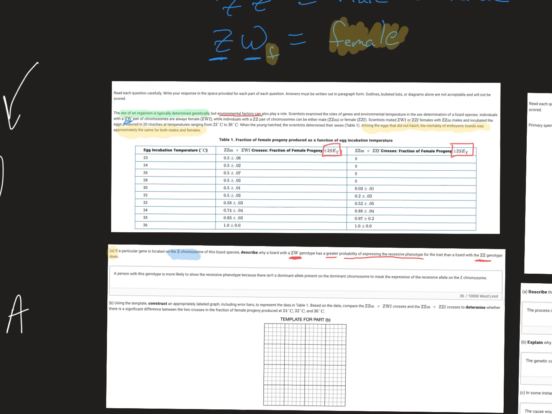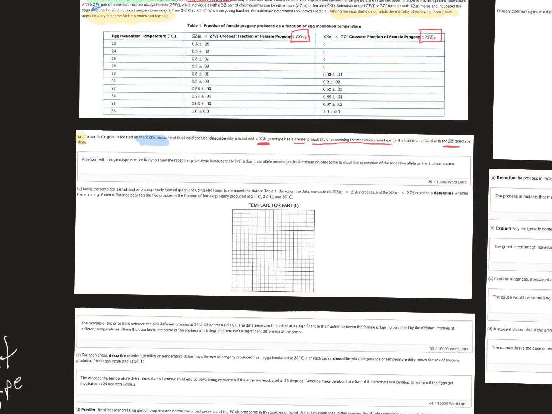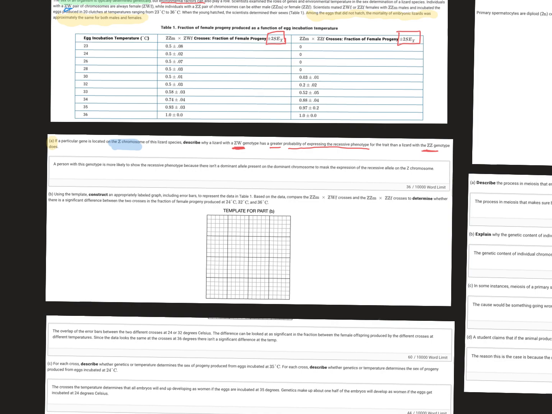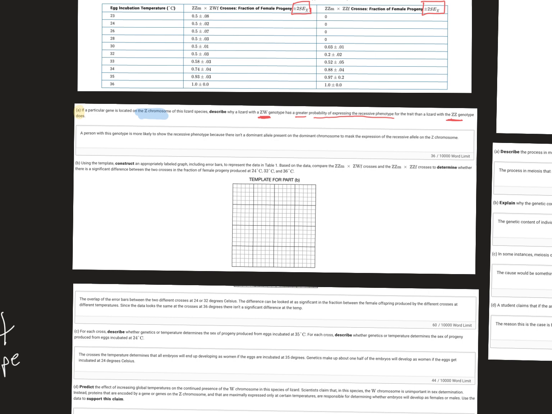So the answer to this question, why does someone with a ZW have a greater probability of expressing the recessive phenotype? Because you only have one copy of the gene, where the ZZ has two copies of the gene, reducing your odds of getting the recessive phenotype by half. And the person that answered this did a good job. It would be marked as correct.